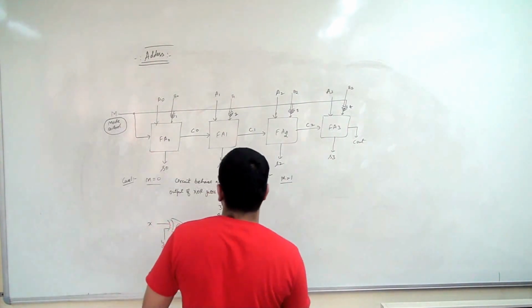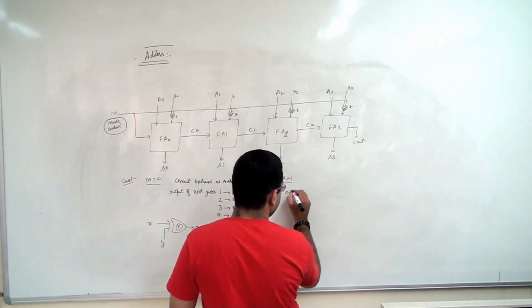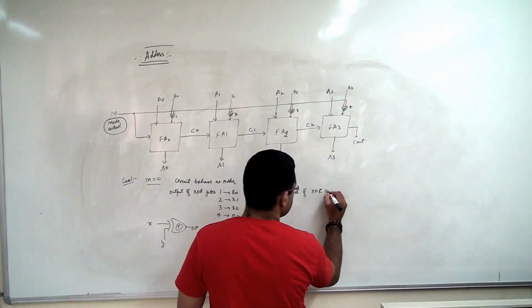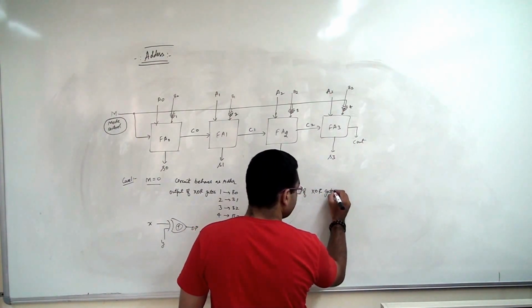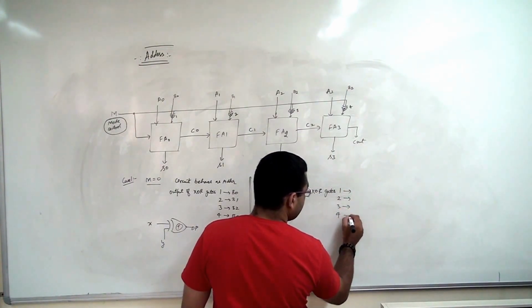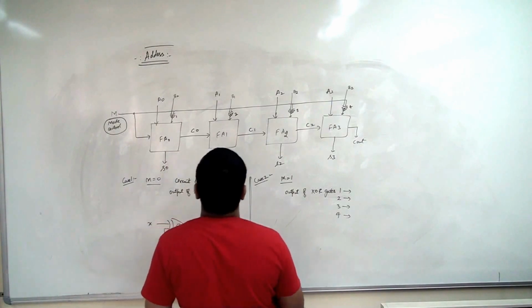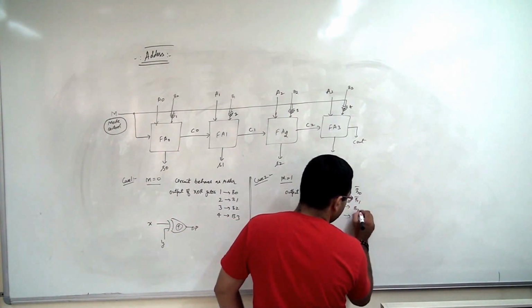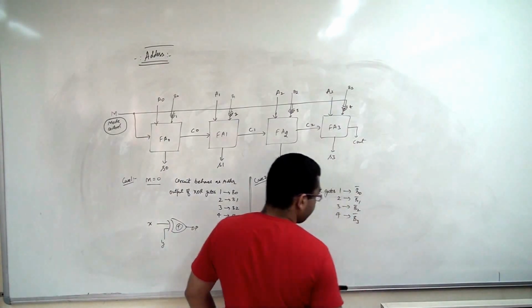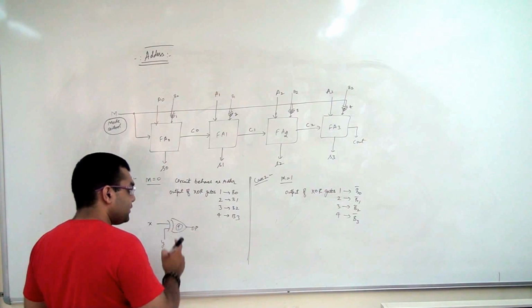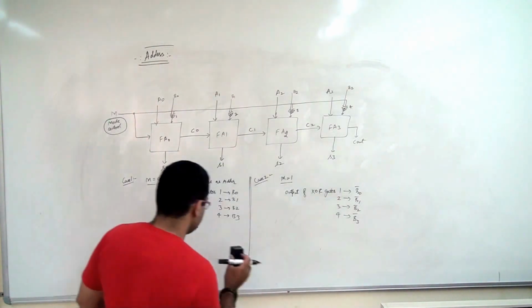So if M is held at 1, what will the outputs of XOR gates 1, 2, 3 and 4 be? They will be the complemented values, B0 bar, B1 bar, B2 bar and B3 bar, isn't it?